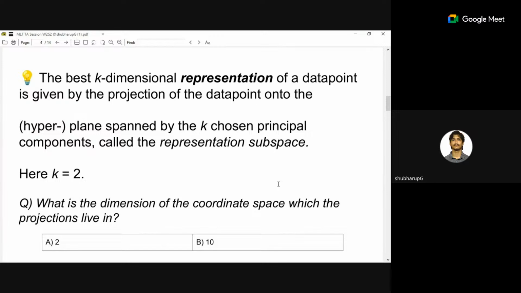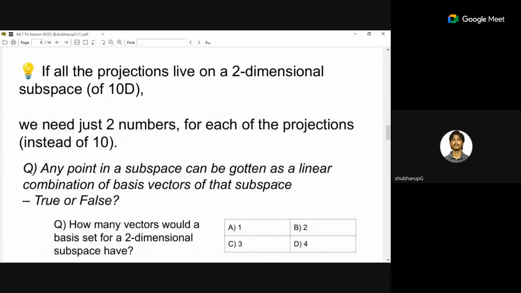It still has 10 numbers. But if it's in a two-dimensional subspace, then we don't need to keep the 10 numbers anymore. We need to keep just two. And that is basically the coefficients on each of the basis vectors for that subspace.